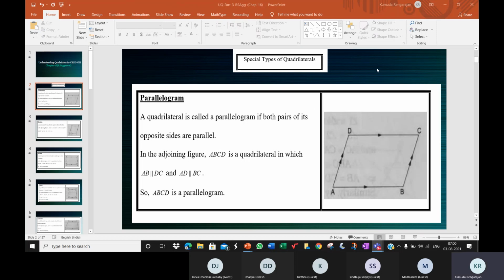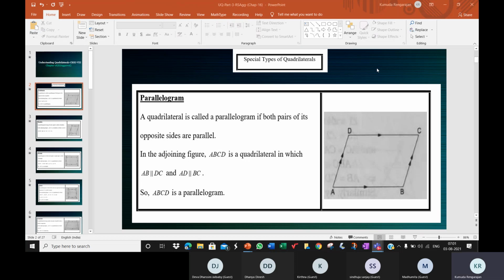Give the heading special types of quadrilaterals. Yeah, write down.